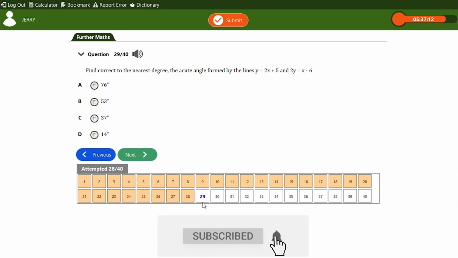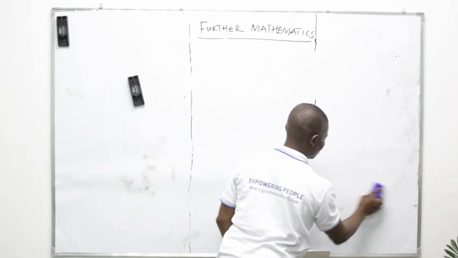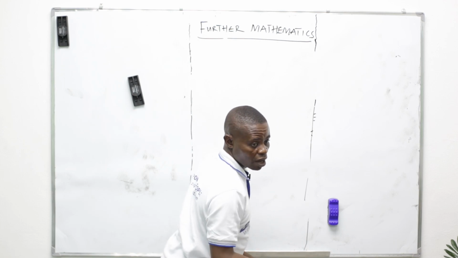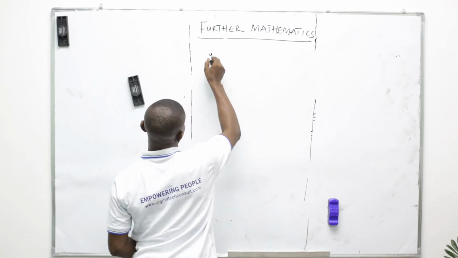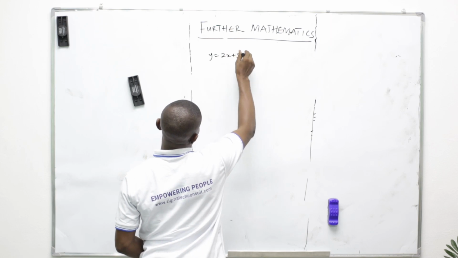Question 29. Find, correct to the nearest degree, the acute angle formed by the lines. Recall that tan theta equals... I have line 1, y equals 2x plus 5.